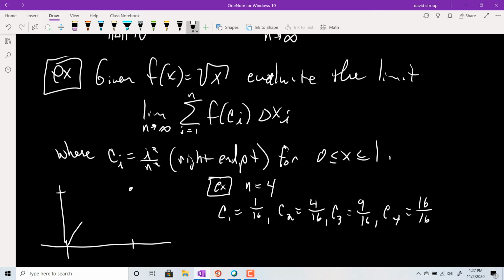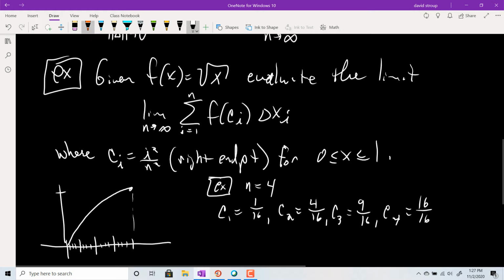It's a square root function, so it's concave down. And so here's 1/2, 1/4, 1, 2, 3, 4, 5, 6, 7, 8, 9, 10, 11, 12, 14, 15, 16.